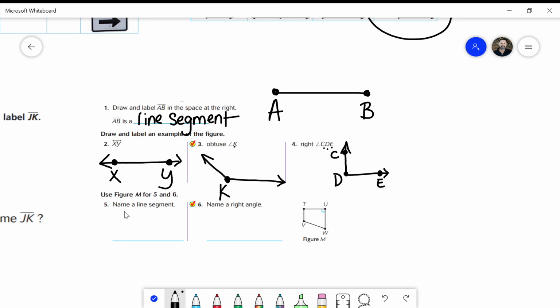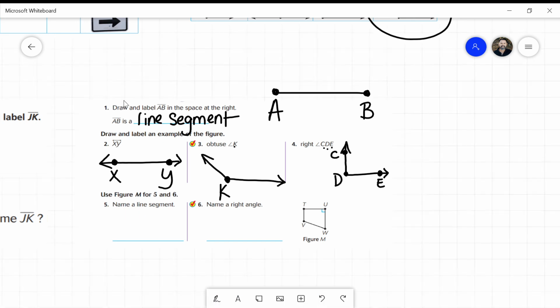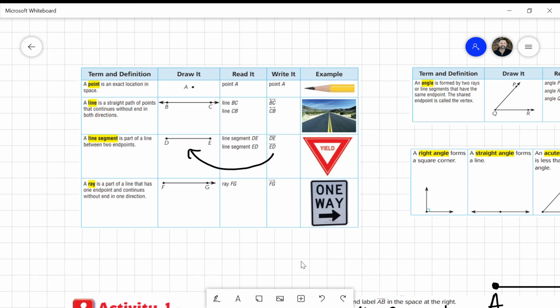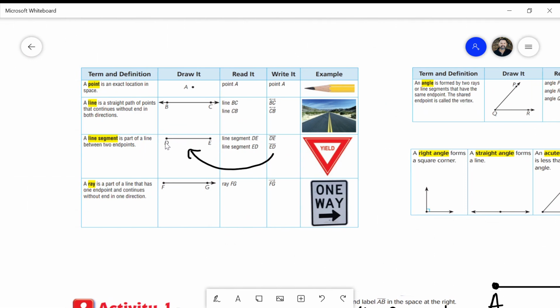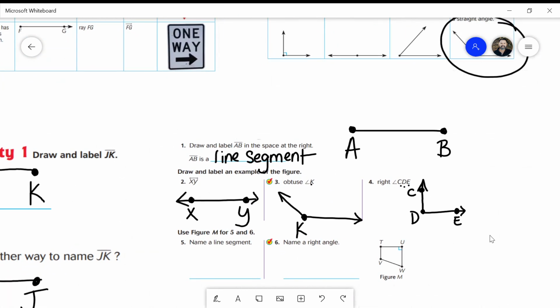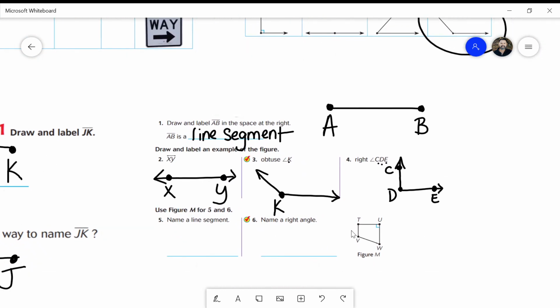And then for numbers 5 and 6, they want us to look at this figure and name a line segment. If we need a reminder of what a line segment is, it's part of a line between two endpoints. So I'm going to look at this figure right over here. If I want to name and write two line segments, there are a lot of them there.